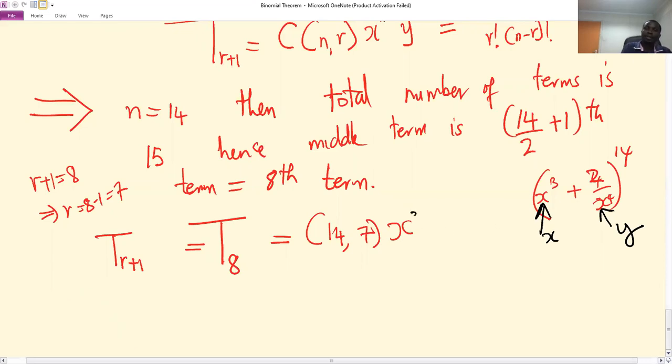So it will be x^3 raised to the power n minus r, so 14 minus 7, and then 2x^(-4) is our y raised to the power 7.